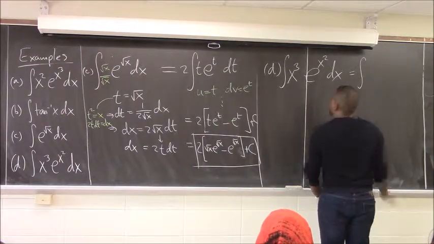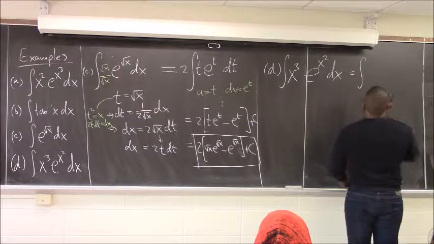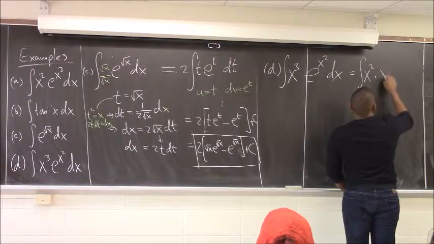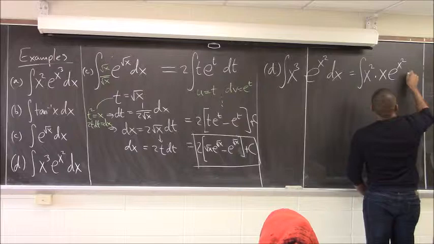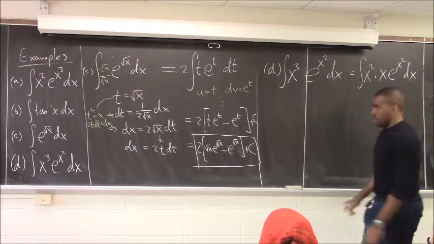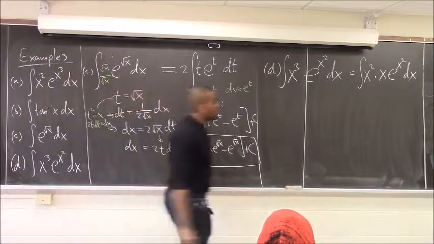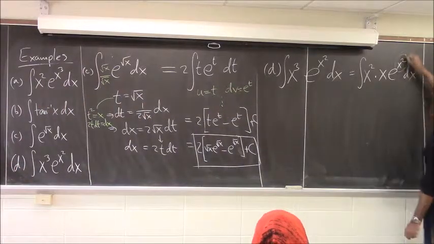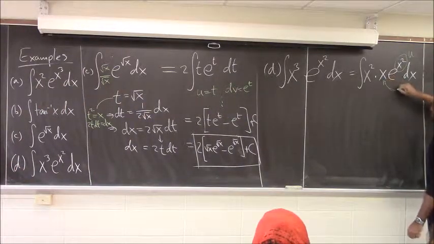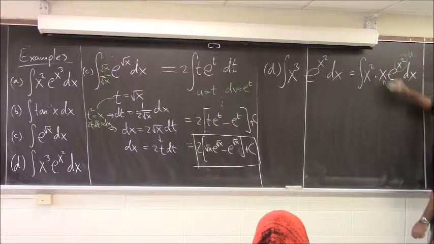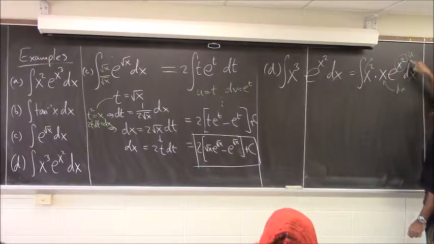First thing you need to realize is that that x cubed can be written as x squared times x. So now you can notice, if I let u be this guy, my du is going to be that guy. And of course this guy would also, by that definition, be u.